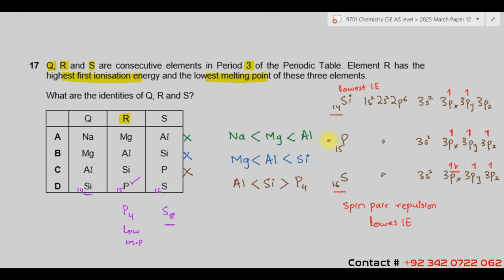So what is left is phosphorus. Then there is no spin pair repulsion and atomic number is also higher than silicon. So it has highest ionization energy among these 3. This is first ionization energy values only. So D is now confirmed.